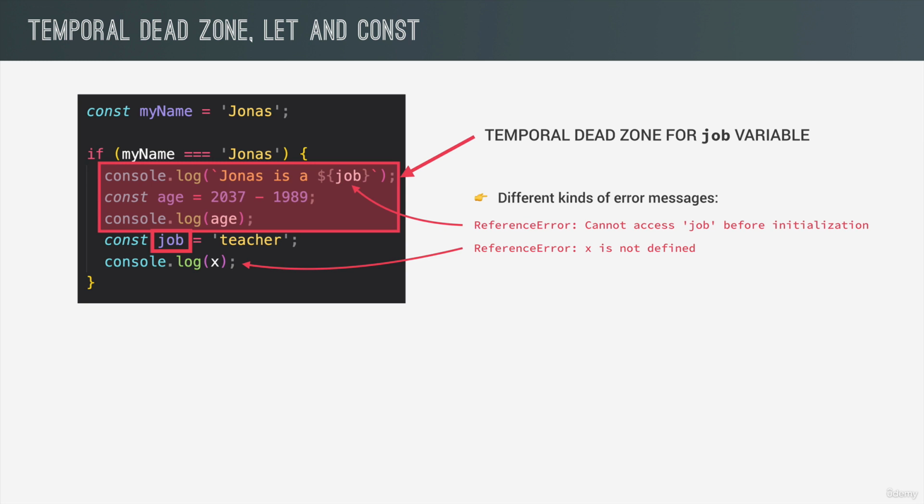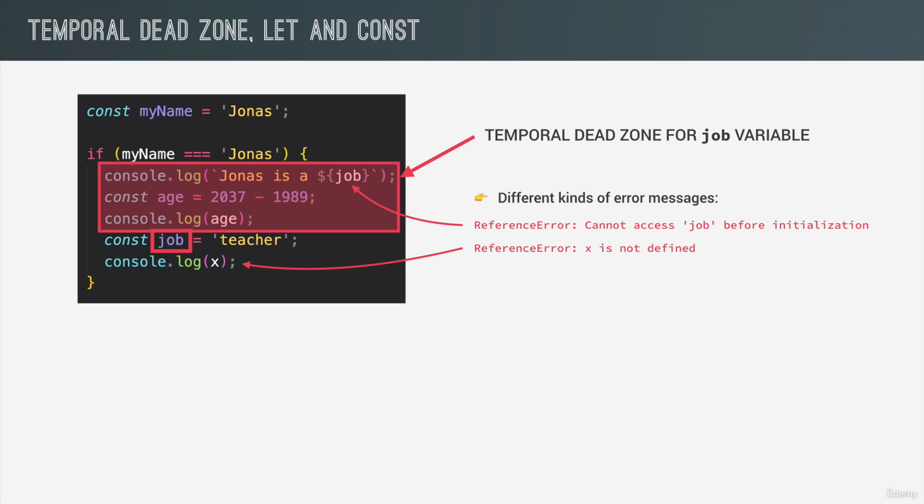What this means is that job is, in fact, in the temporal dead zone, where it is still uninitialized, but the engine knows that it will eventually be initialized, because it already read the code before and set the job variable in the variable environment to uninitialized.